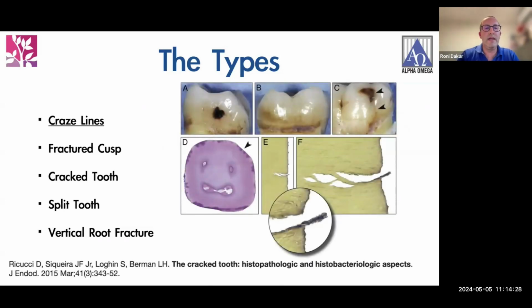And this is an important and interesting article by very famous researchers in endodontics who did histology on various types of cracks. At the top, we see a molar with many craze lines on the mesial or distal aspect.